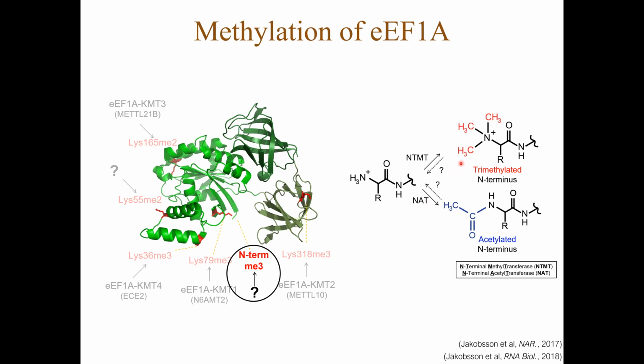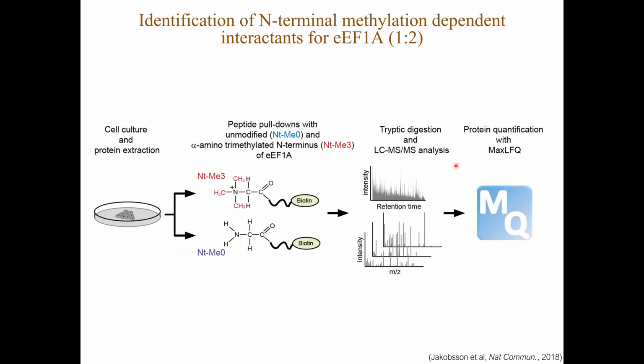But to identify the methyltransferase that introduces this methylation in cells, I reasoned that the transferase would bind tighter to its substrate than its product, that is, it would bind tighter to the unmethylated form of the elongation factor N-terminus than the trimethylated form.